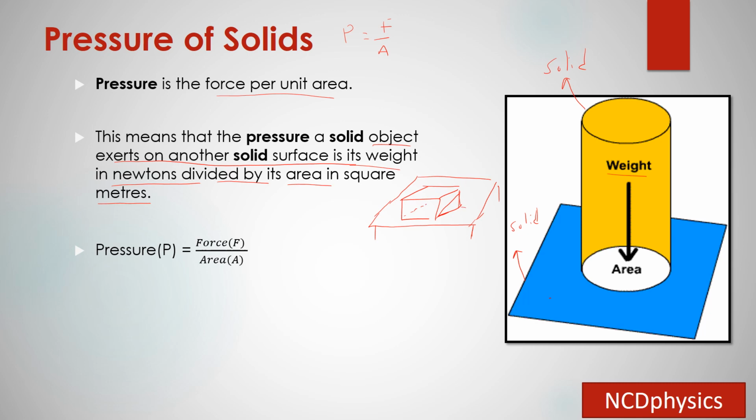Why? Because there is a force acting on the table. Which kind of force is it? Gravity force, which is equal to the weight of the object. Got it? Because of its weight, this cube is applying a force on the surface of the table.